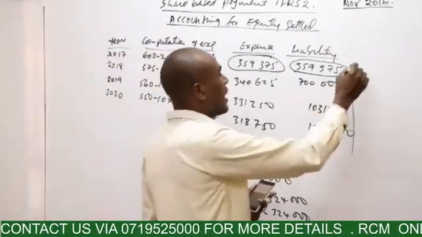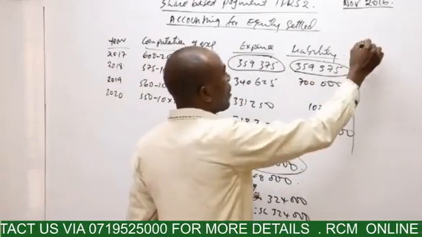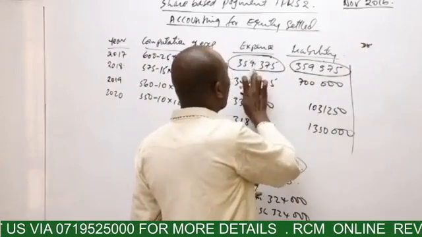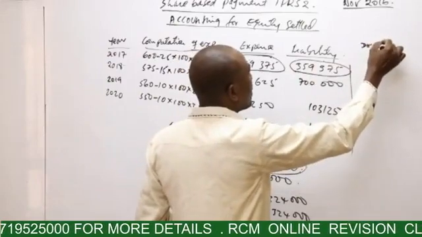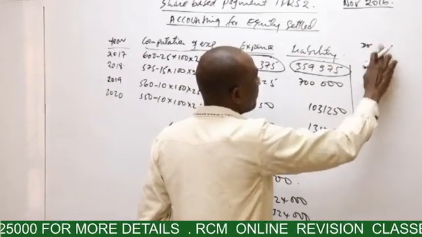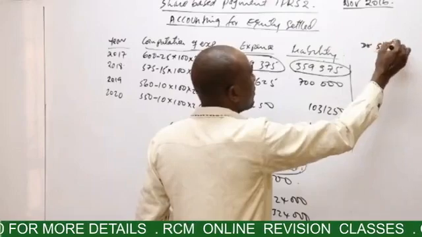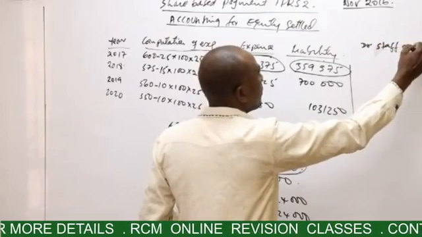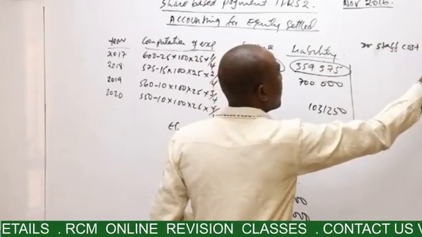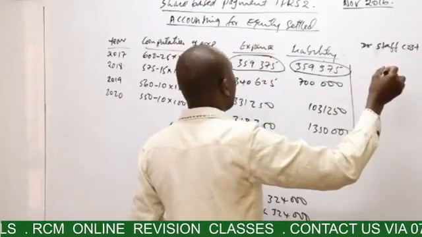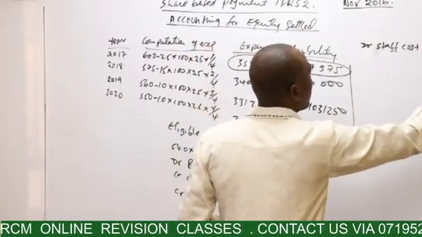Because, as I said, if it is equity settled, you debit the expense account, like staff cost, 359,375.